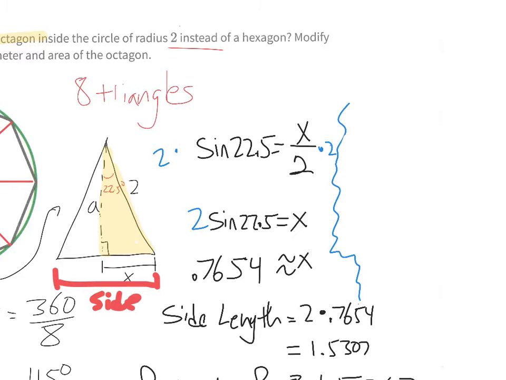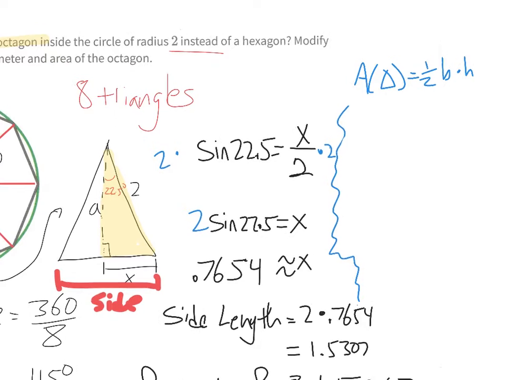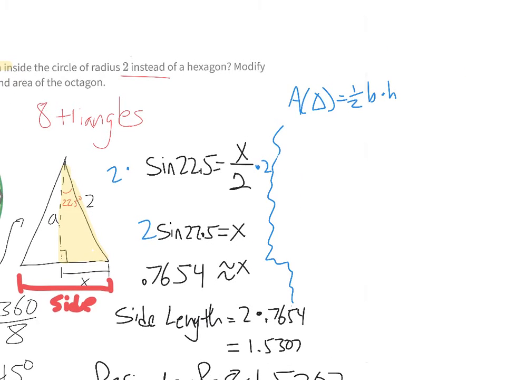We need to find A here because the area of a triangle is 1/2 base times height, or specifically for this, 1/2 times S times A. A is the altitude, and S is the side.